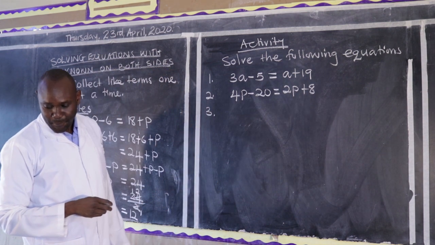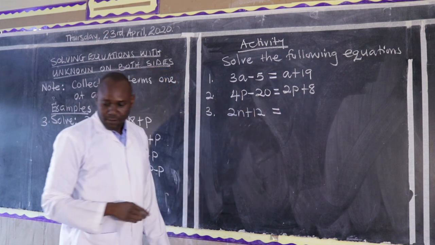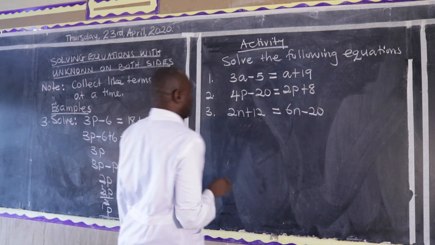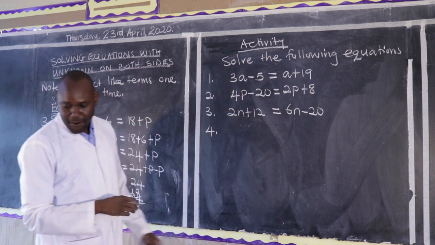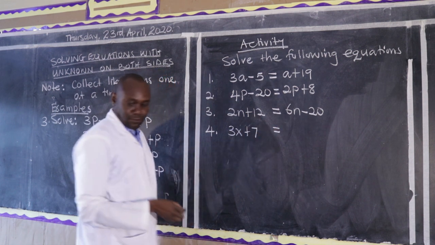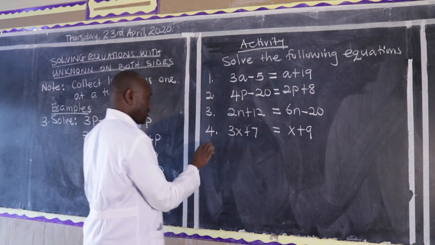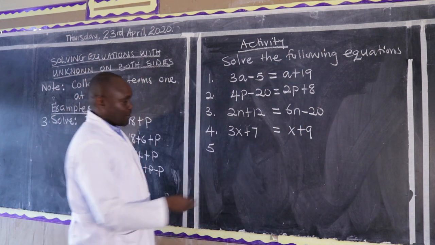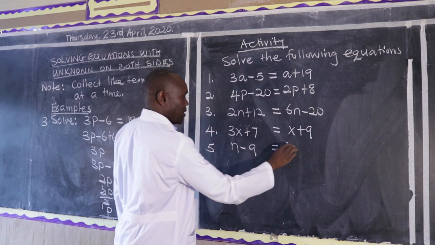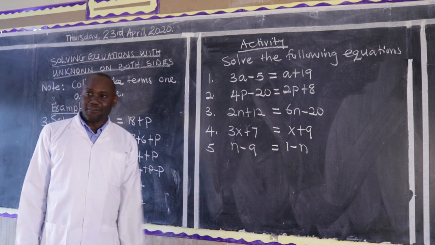Number 3, 2n plus 12 equals 6n minus 20. Number 4, 3x plus 7 will give us x plus 9. Number 5, we have n minus 9, give us 1 minus n. I think for today, let's first have that.